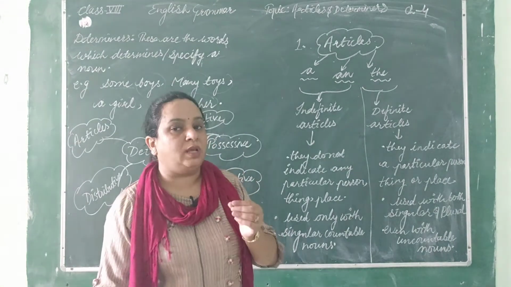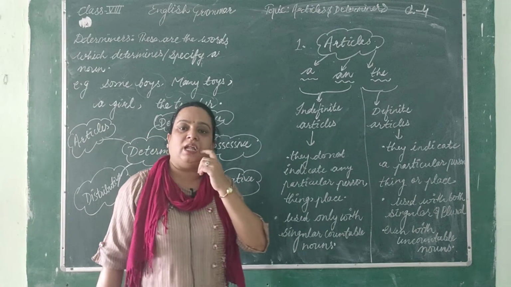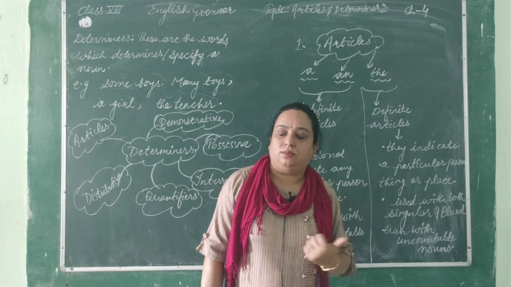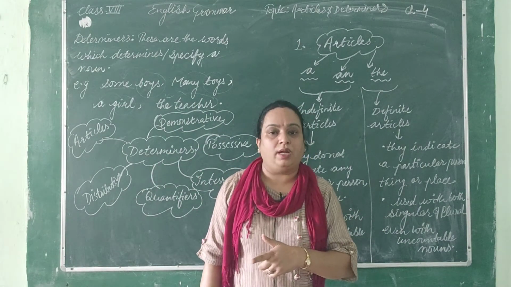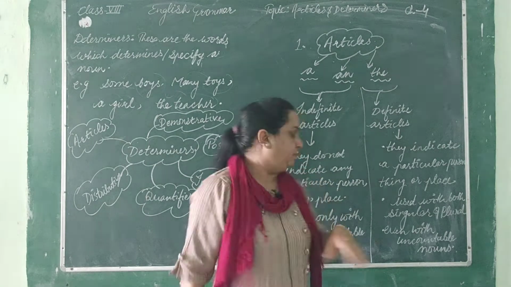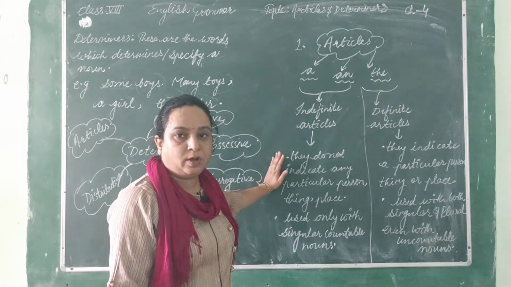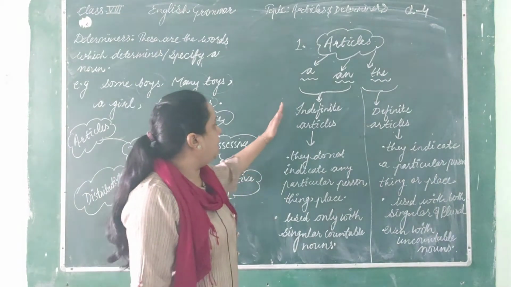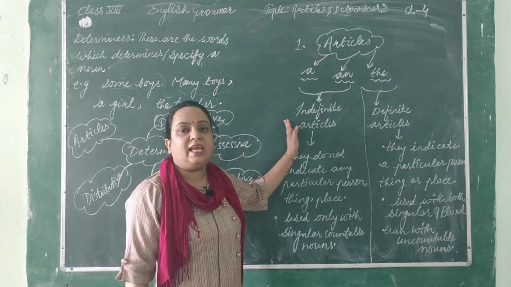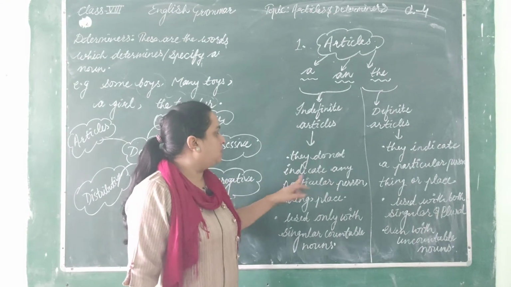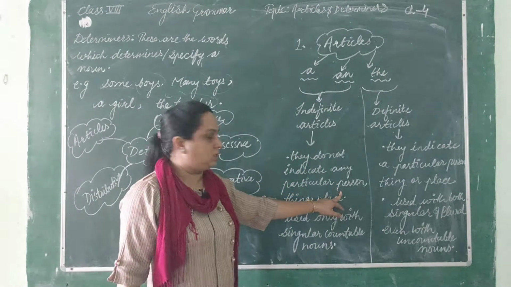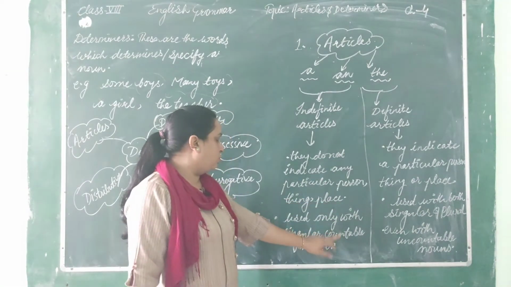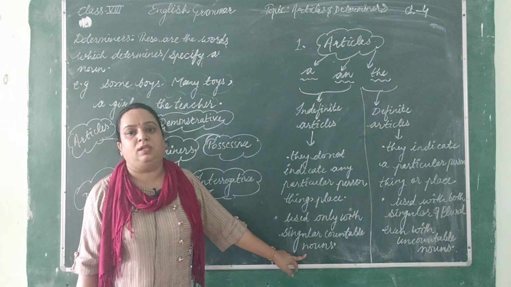And what are countable nouns? Countable are the words which have both forms, singular and plural. That is called countable. This is very important, please keep this in mind: indefinite articles, which are a and an, do not indicate any particular person, thing or place. They are used only with singular countable nouns.